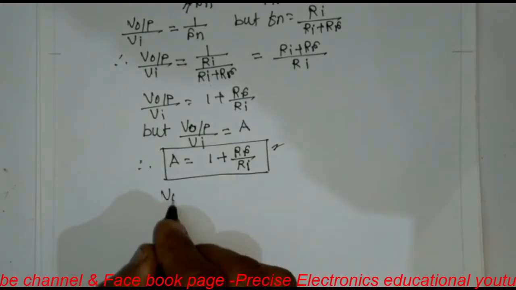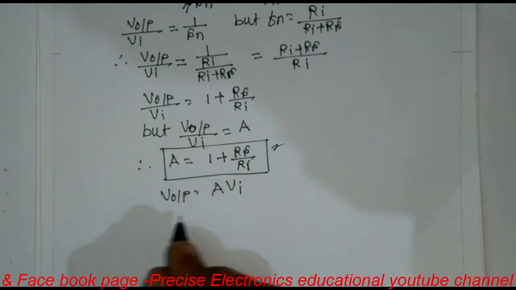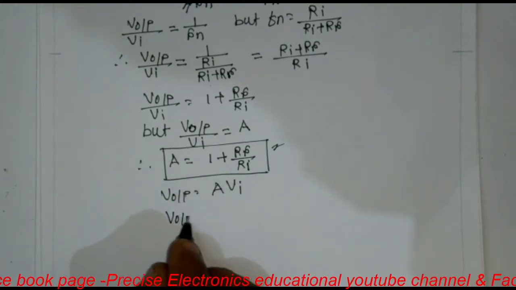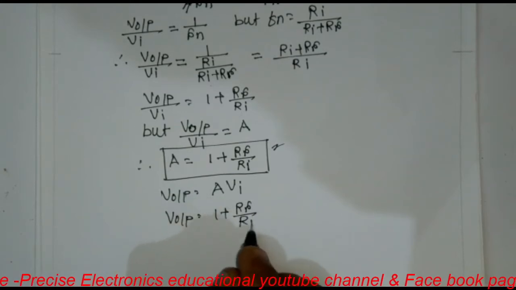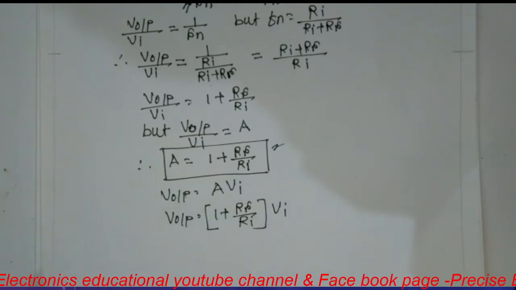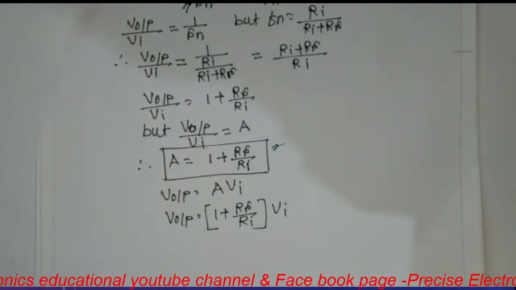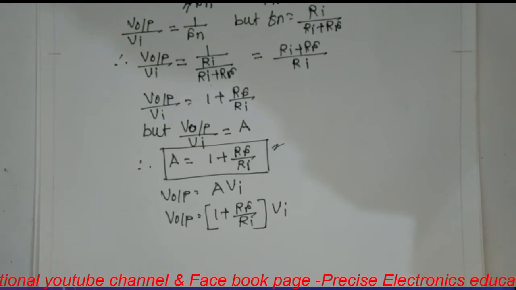Now output voltage V output is equal to A into Vi. So it is 1 plus Rf upon Ri into Vi. So V output is given by 1 plus Rf upon Ri into Vi.